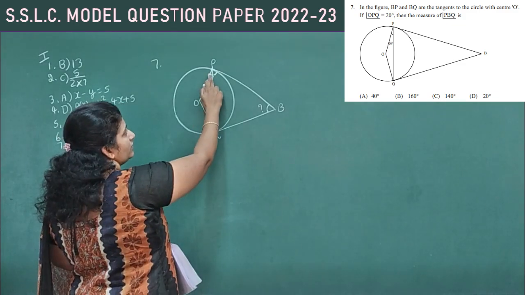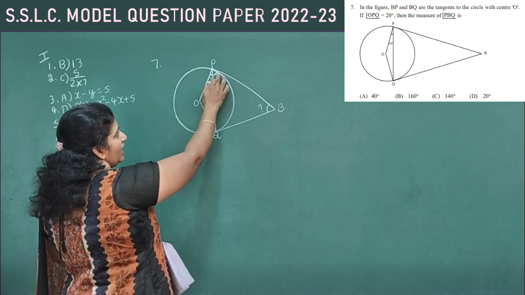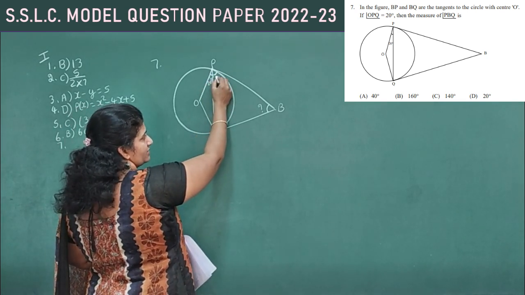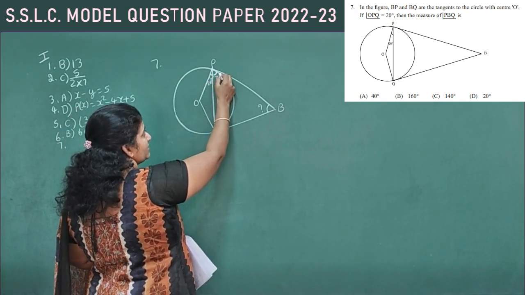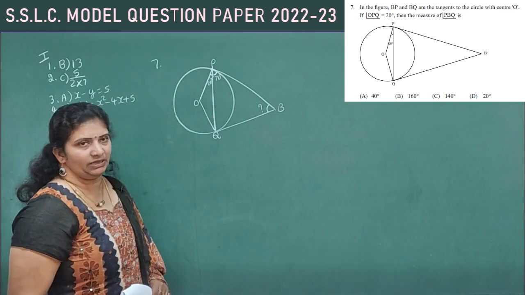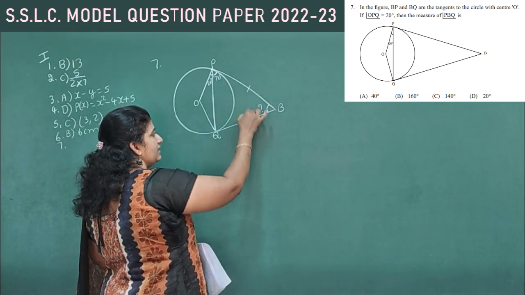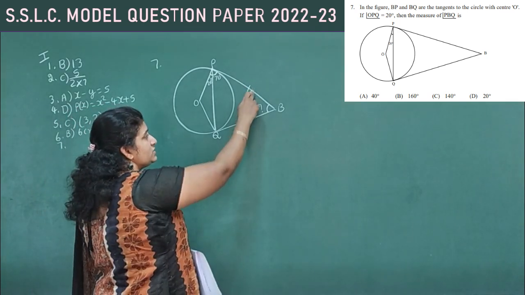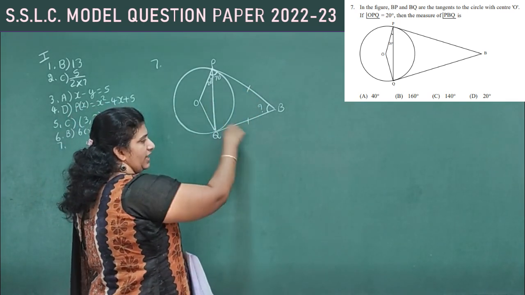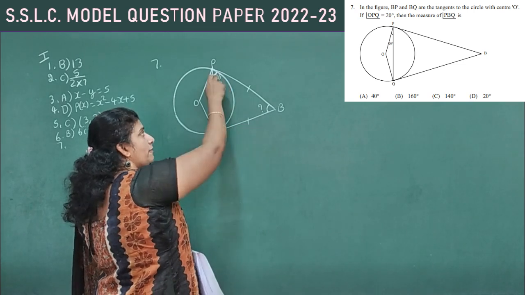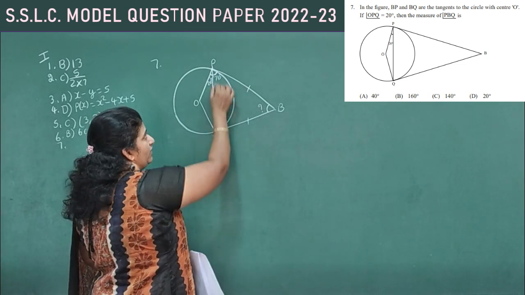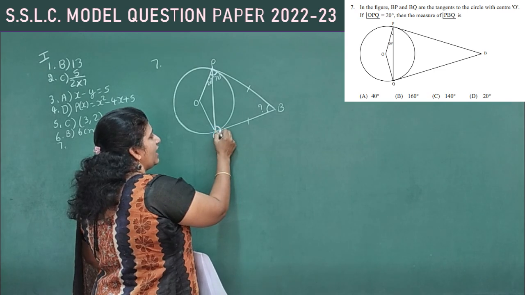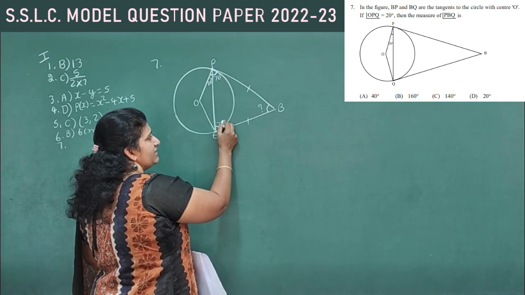We know this angle is 90. 90 minus 20 you are going to get this. What is that? 90 minus 20 is 70 degree. We can see that the two tangents length is equal. If these two sides are equal of this triangle, then their opposite angles are equal. If this is 70, I can say this is also 70 degree.